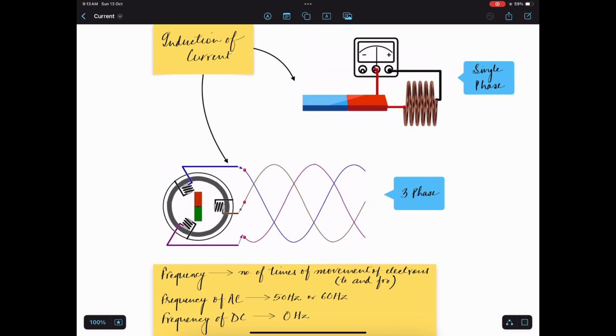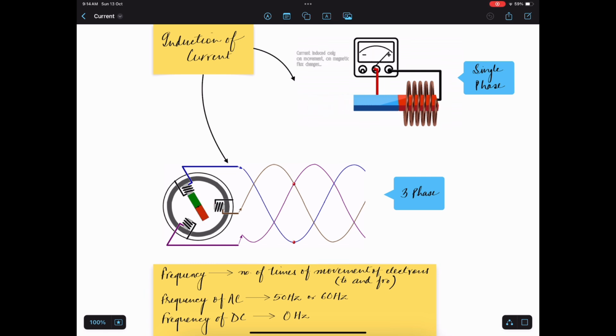So whenever the magnet is doing some movement, only then is the pointer moving to either negative or positive. When there is no movement, the pointer comes back to zero. So this is how the current is flowing.